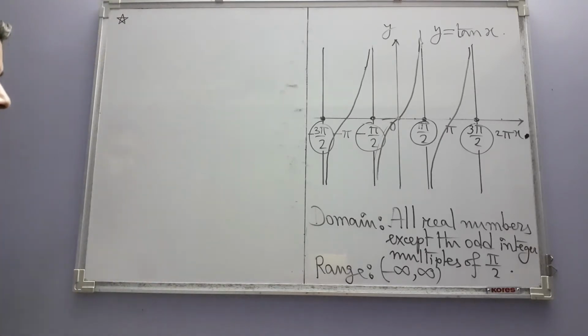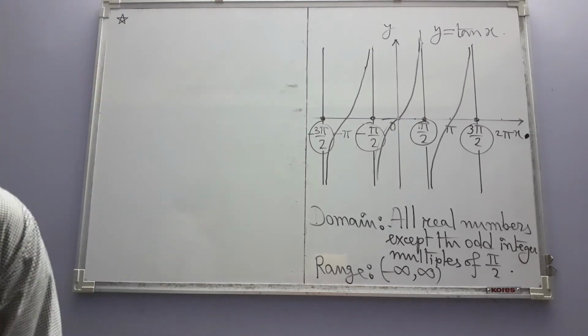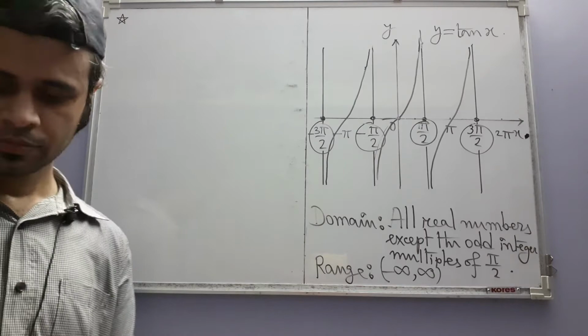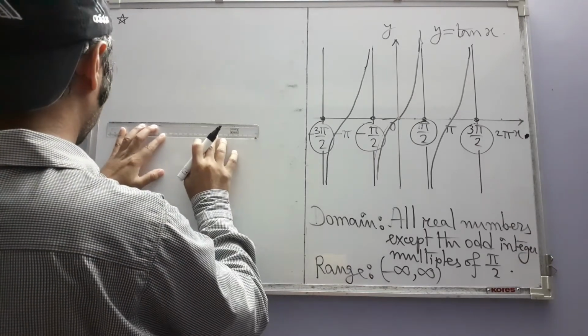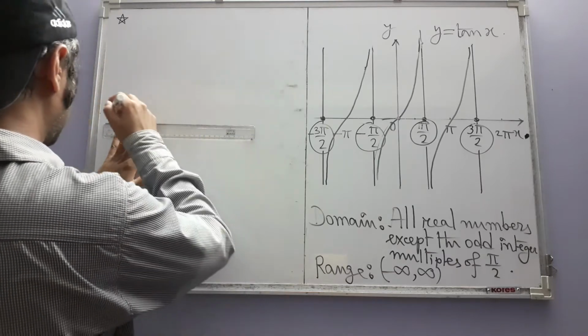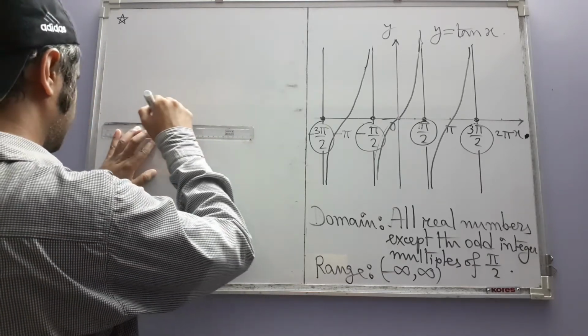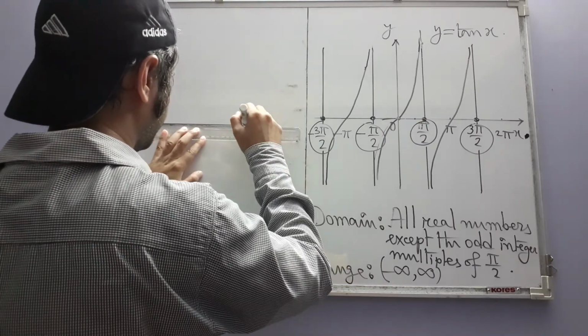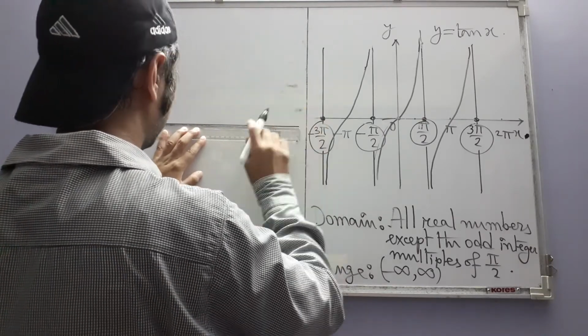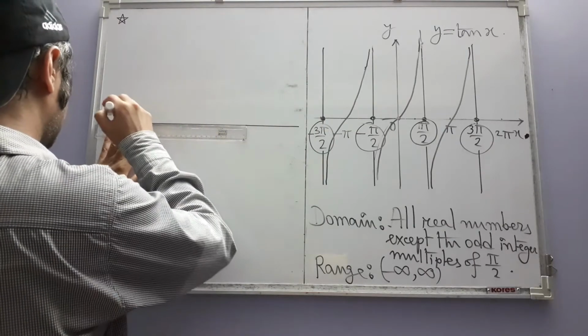Next we'll look at the graph of what is given here, secant x. Secant x graph, that function also has problematic points or singularities where things go wrong.